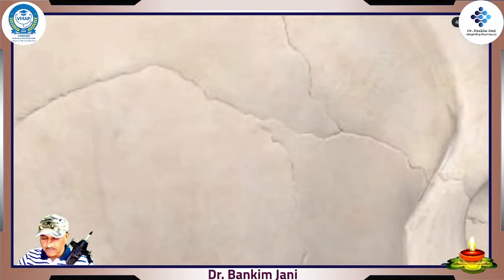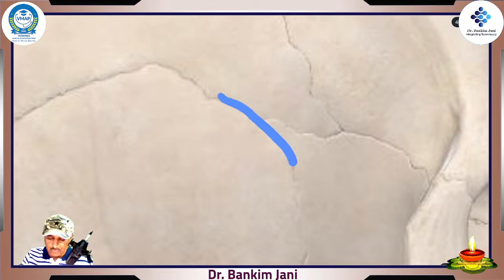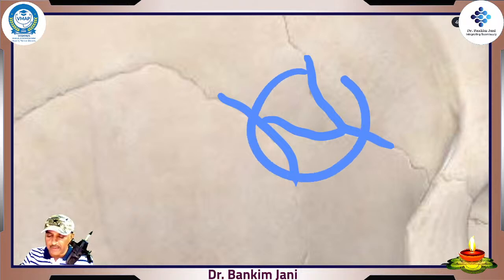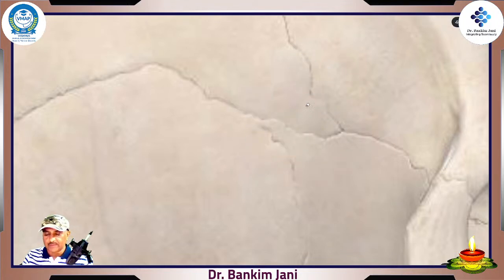Can you see there is one suture over here, and another one, which is like this H-shaped area. Now I'll remove this drawing so that you can see it. This area is medically very important.